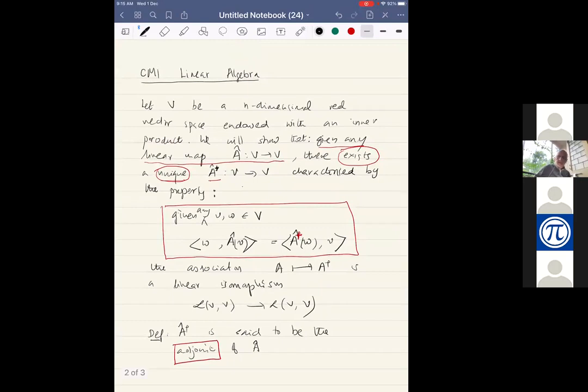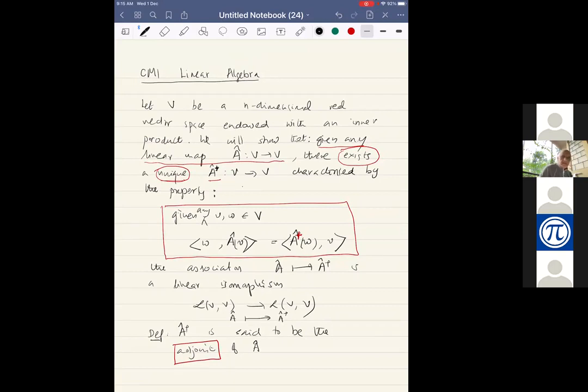What exactly do we mean by the association A to A adjoint? So for every A hat, I'm associating an A hat dagger, a map from L(V,V). Do you understand the notation L(V,V)?